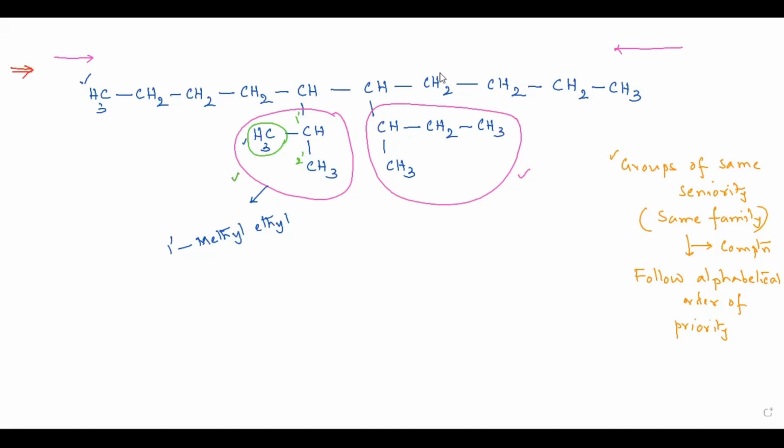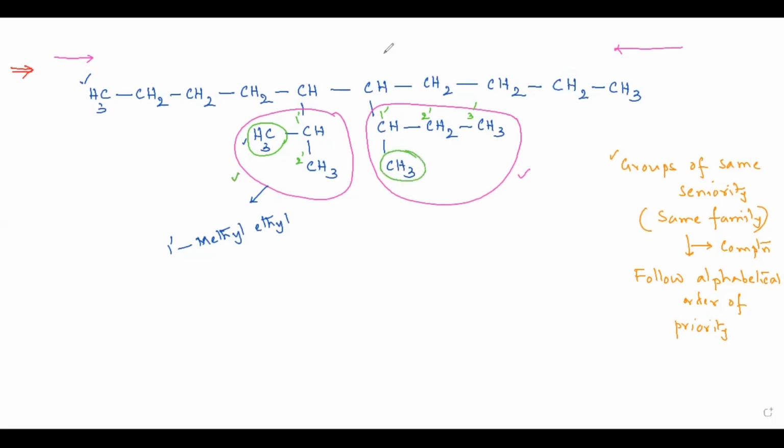The same way, let us write the name of this. If I go this way, I'll just get two carbons. No, that should not be the parent. We can go this way where we get more number of carbon atoms. Okay, now 1' again has a methyl group.